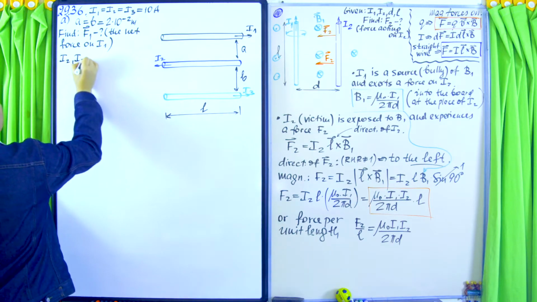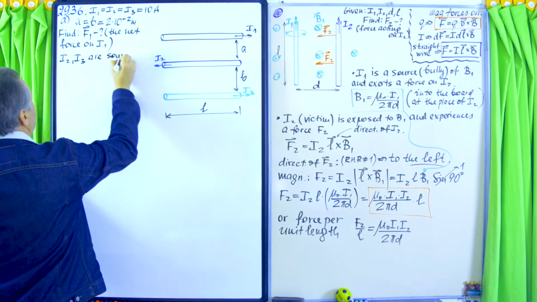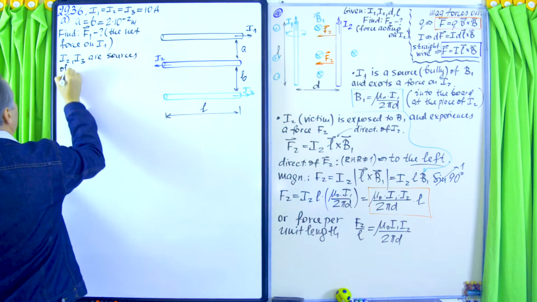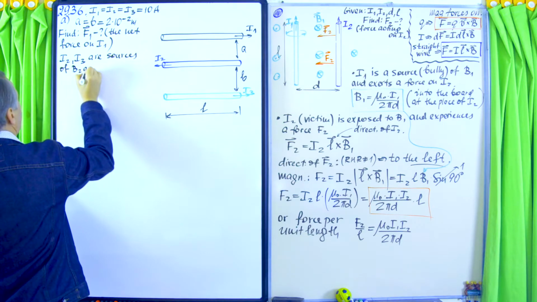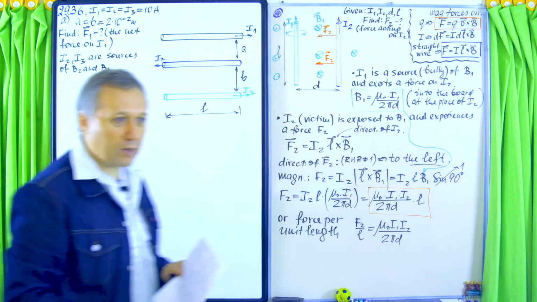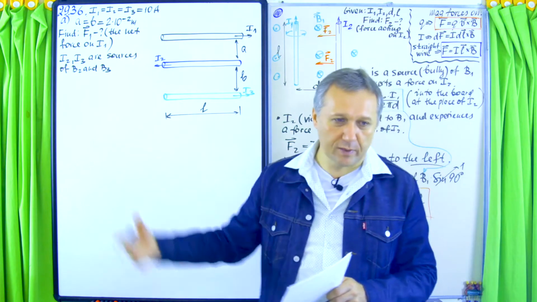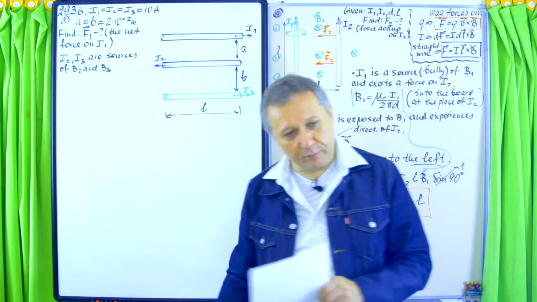I2 and I3 are sources of B2 and B3. So they're going to create their own magnetic fields. And then, of course, wire I1 is going to interact with these magnetic fields, experiencing the force. Right.